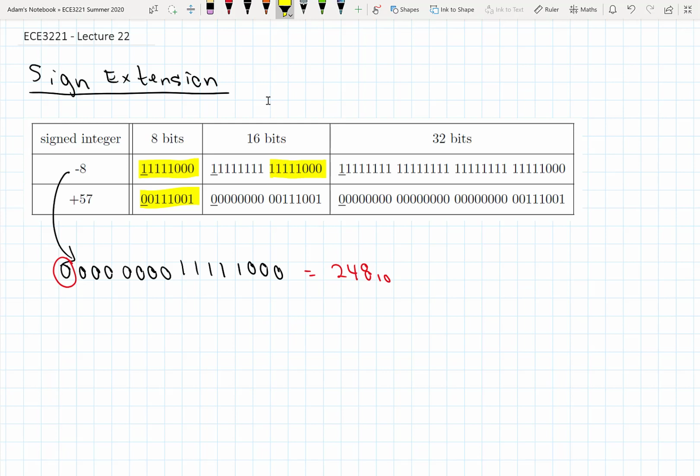They'll take the most significant bit and just extend that bit into the bits that have been added from the original value. Now we have a value here that's 16 bits, but this is still equal to -8.